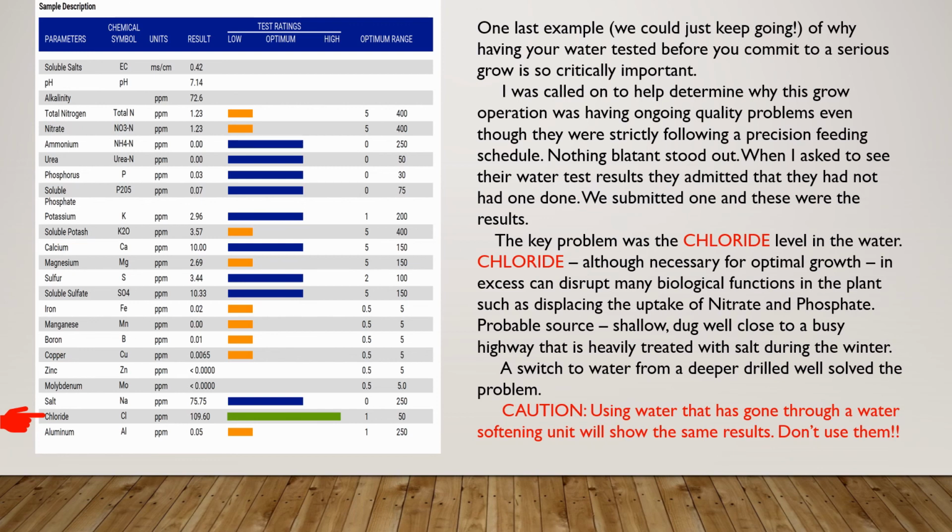Within the softening unit, the process is to draw out minerals such as magnesium and replace it with something in this ion exchange. And the thing that it is replaced with is sodium and chloride. So the salt level, the chloride level that comes out of a water softening unit is way higher than you want to be using in your plant growing operation.